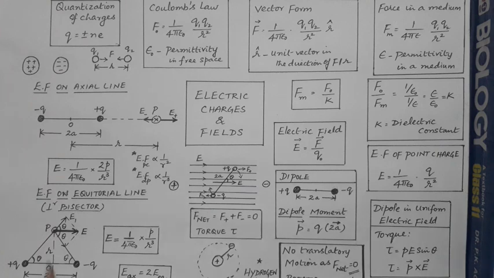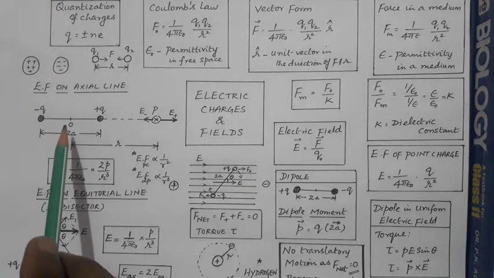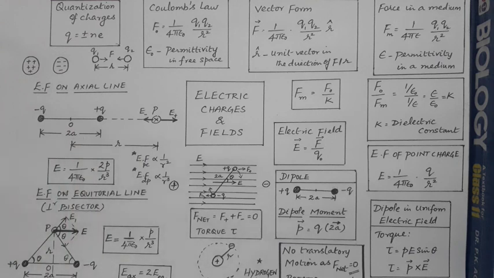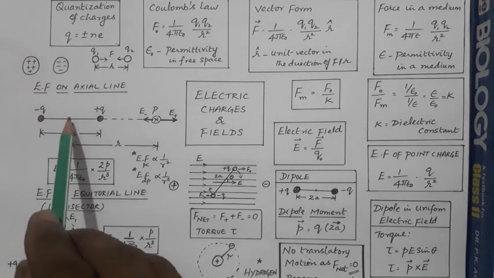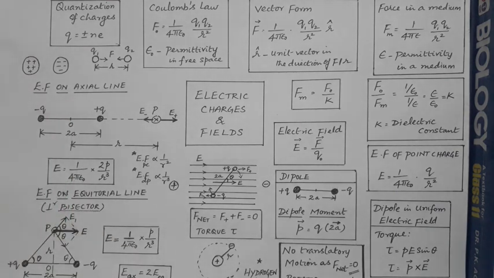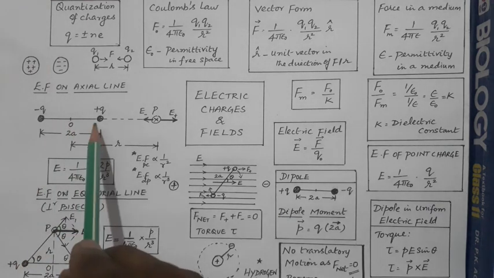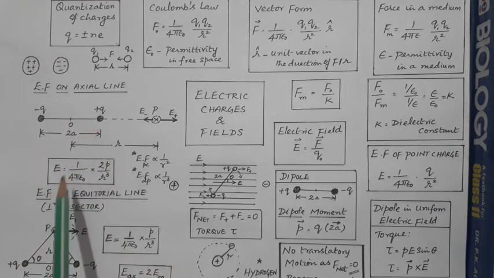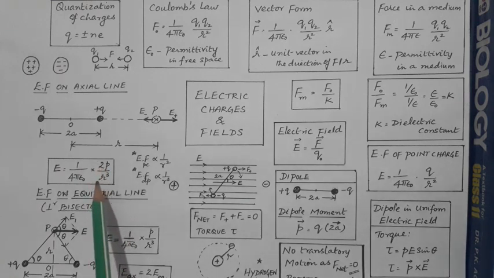Again, O is the center point of the dipole axis, 2a is the distance between the charges, and r is the distance of the point P we have chosen from the middle point of the dipole axis. So you do the calculation. It's a concept map, so I am going to be very short in this. You can watch my full detailed video. The electric field due to the dipole on an axial line is 1 upon 4 pi epsilon naught into 2p upon r cube.